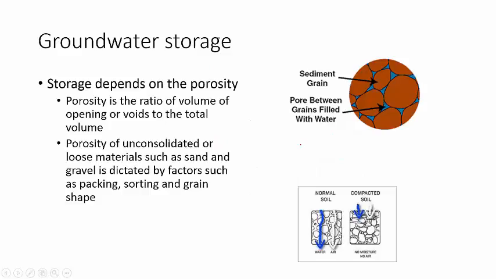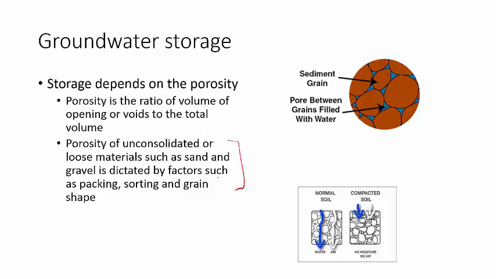Groundwater can be stored in different ways, and basically for normal soil, not with crevices and cracks in the rock, the storage of water depends on the porosity of the soil. The porosity is the ratio of volume of opening or voids to the total volume, and the porosity depends on factors such as packing, sorting, and grain shape.